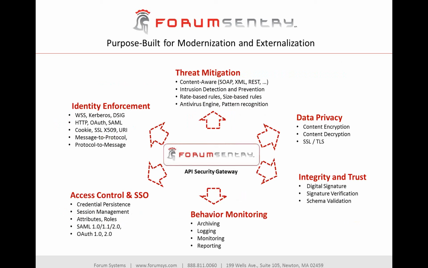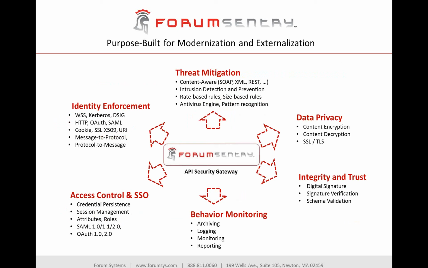Well, it is fundamentally and foundationally an industry product evolved over about 13 years, sitting in the critical path of providing threat mitigation, data privacy, identity enforcement, access control, and SSO. And all of that has evolved to be able to handle and understand all these different message protocol variants and all these different identity tokens through simple policy design.